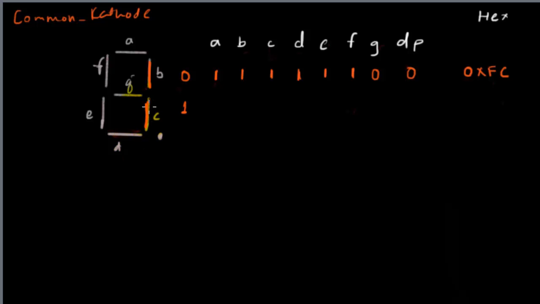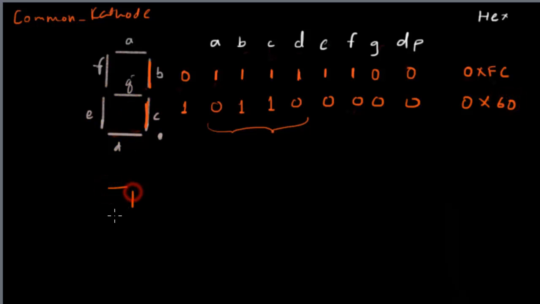Now in order to do that, we just need to give 1 to the 2 segments B and C, and the other segments would be 0. And if you write the hexadecimal pattern for this, this would be 0, 1, 1, 0, which is 6, and this is 0. So this is 0x60. Similarly, you could draw the patterns for 2, and then this is 3.